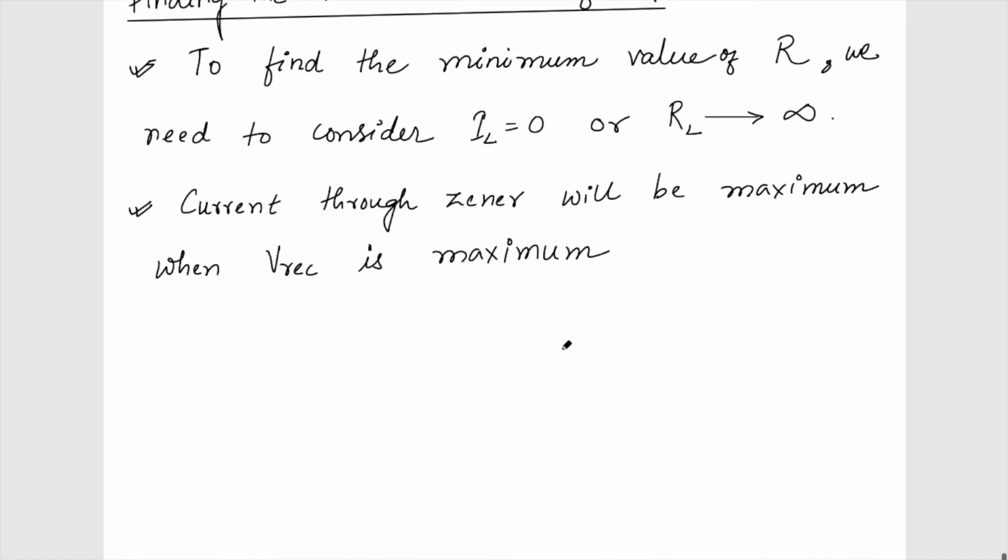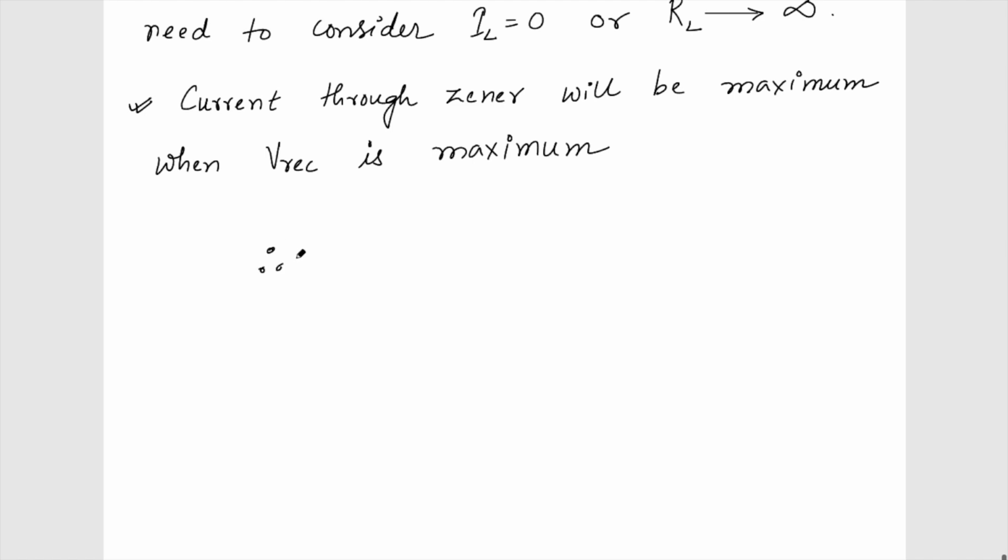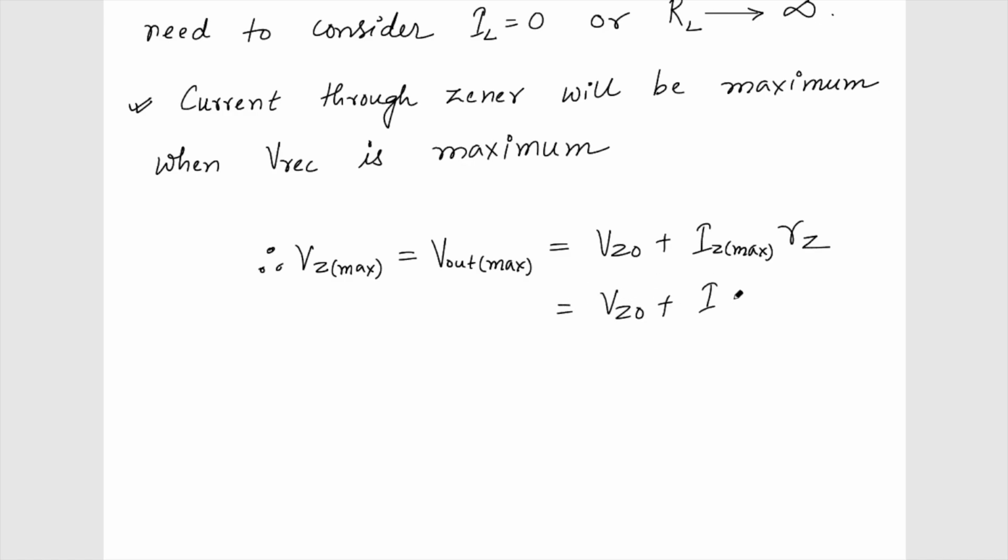Therefore VZ max, equal to Vout max, will be equal to VZ0 plus IZ max into RZ. Basically it means plus IZM times RZ.